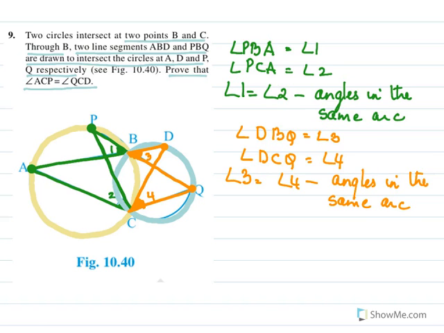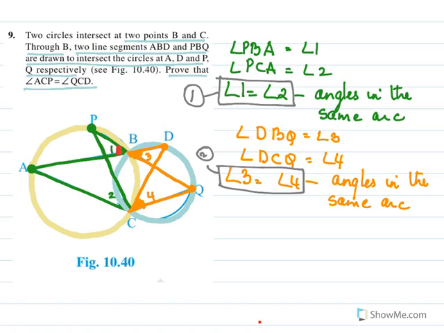So we mark this as equation 1. And here equation 2. Now if you see, angle 1 and angle 3 are vertically opposite angles, so they will also be equal. So angle 1 equal to angle 3, vertically opposite angles. But we know angle 1 is equal to angle 2.